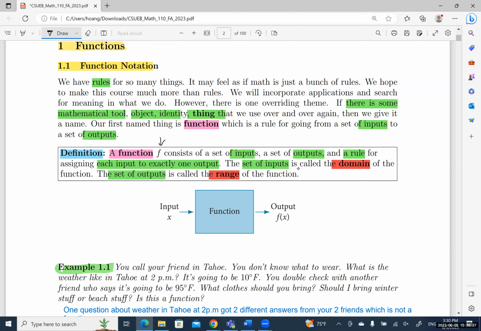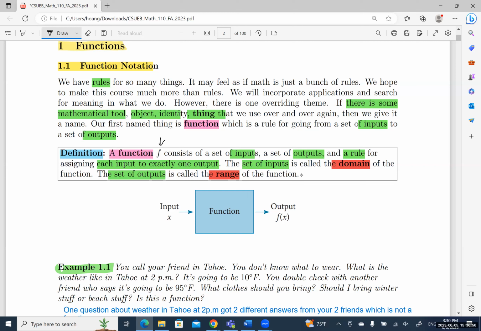So the set of inputs is called the domain of the function. The set of outputs we call the range of the function.